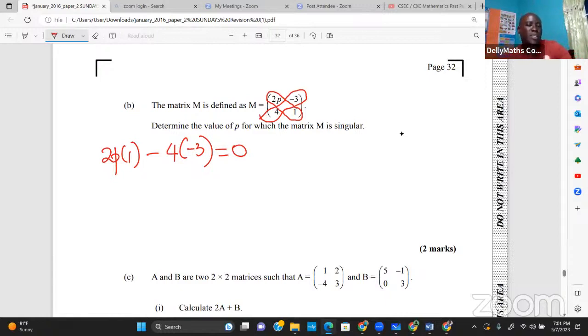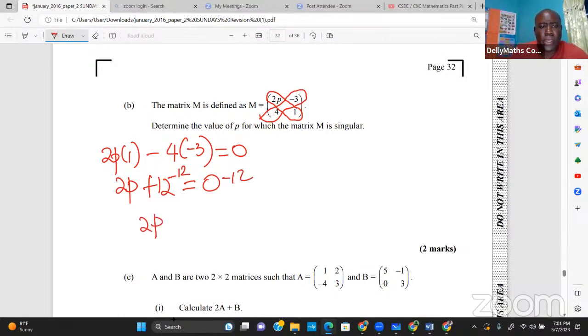That's what a singular matrix entails: taking the determinant and letting it equal 0. 2p plus 12 is equal to 0. We're solving for p. We'll take 12 from both sides. 2p is equal to minus 12. Divide by 2. Then p is equal to -6.